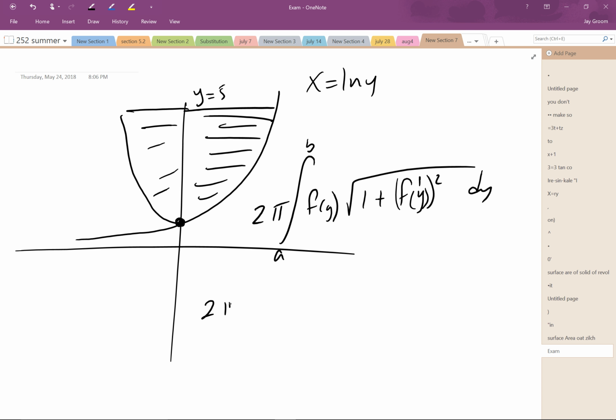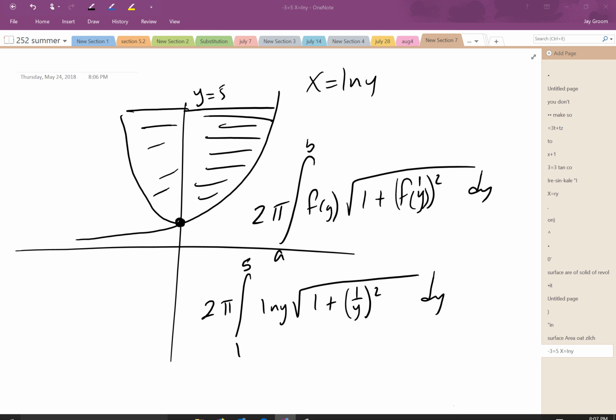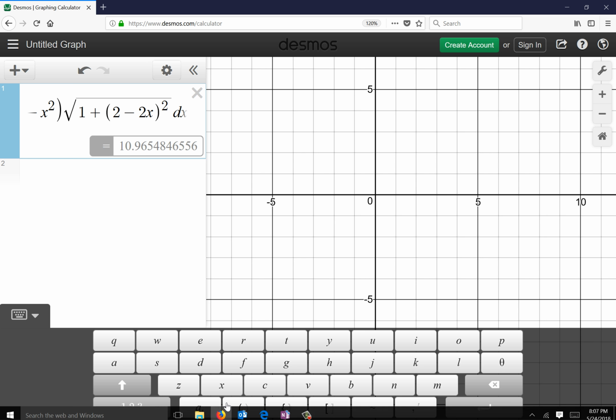So let's try that. It's going to be 2 pi, and then the function of y is ln of y, and then the square root of 1 plus 1 over y squared dy, and again that's not from 0, we'd be screwed if it was from 0, it's from 1 to 5. Okay? And let's see what that comes out to be here.